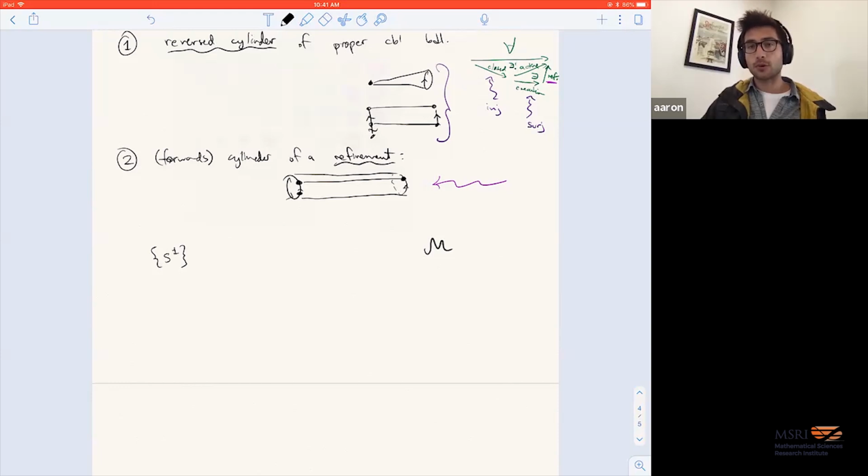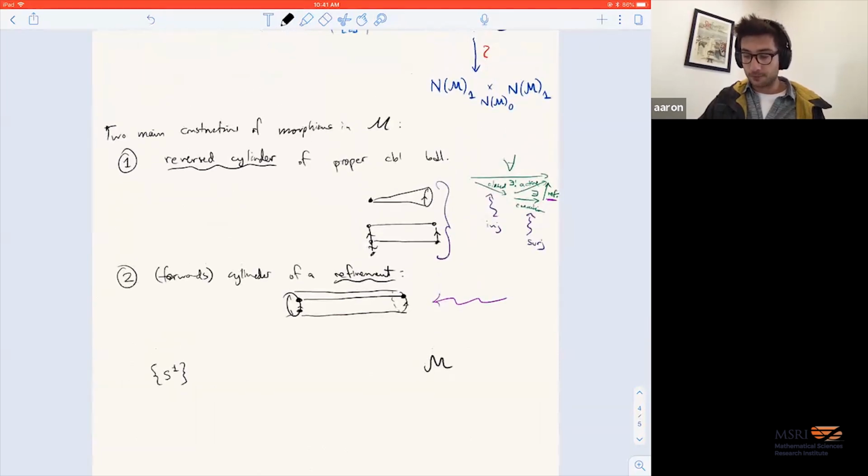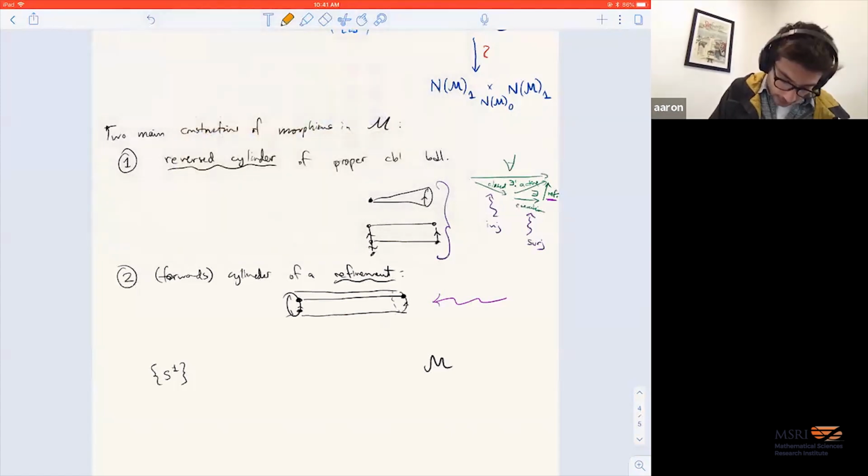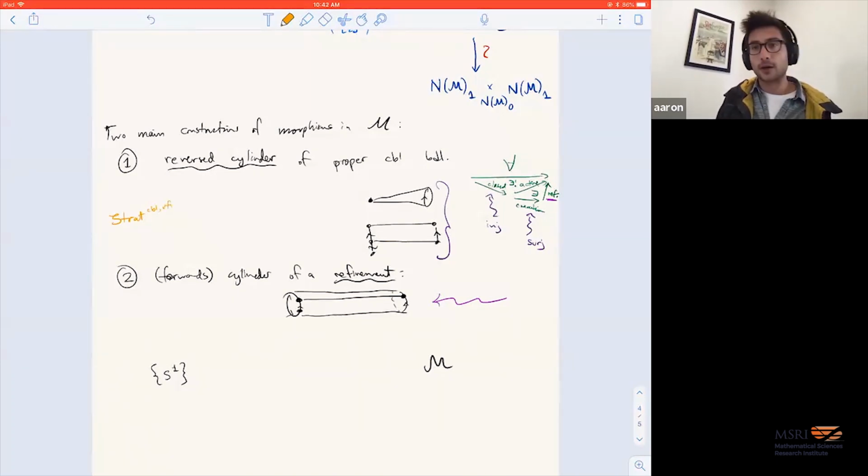But also, let me just say that there are more pedestrianly defined infinity categories of stratified spaces. So for example, there's an infinity category of stratified spaces and constructible bundles being the morphisms between them, and then there's also vertical framings on everything that are compatible.